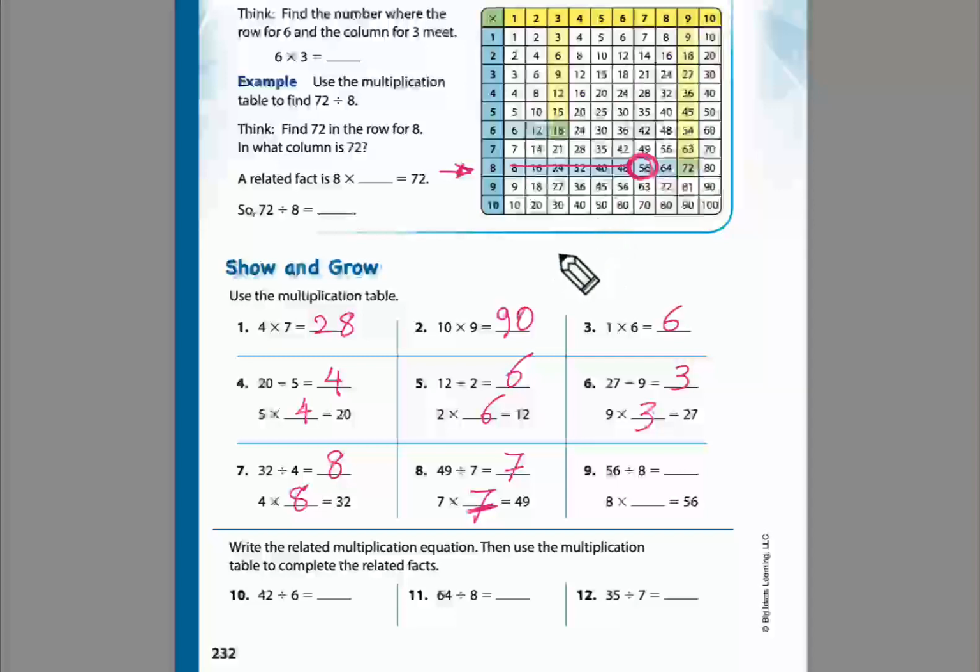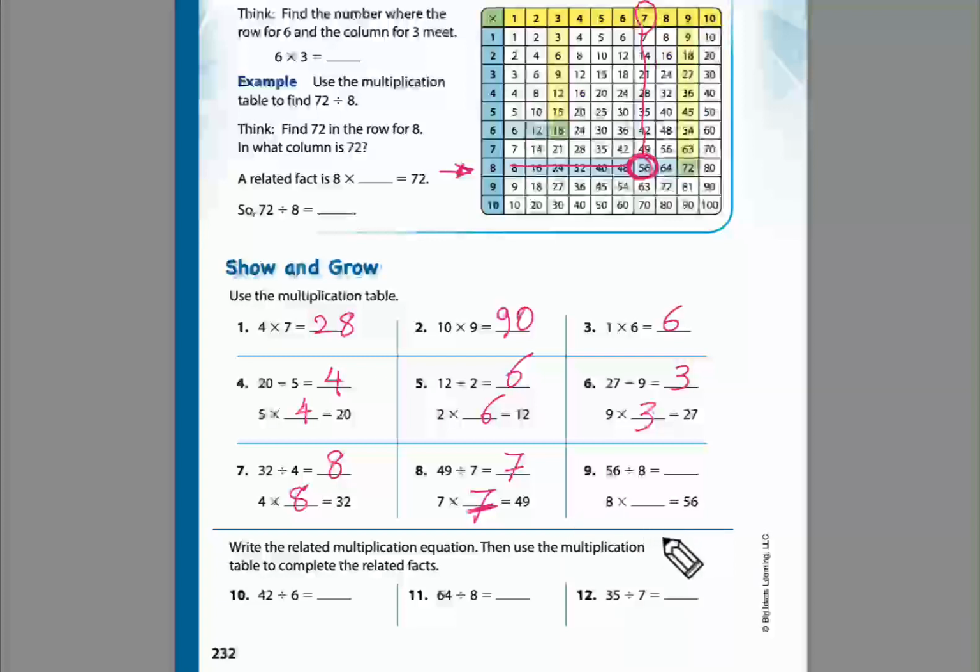Okay, let's find 56. Yes, this is 56 here. And we all have to go up. Okay, so we need to find which column this is. So going up, we all see the 7. Excellent, Muhammad.